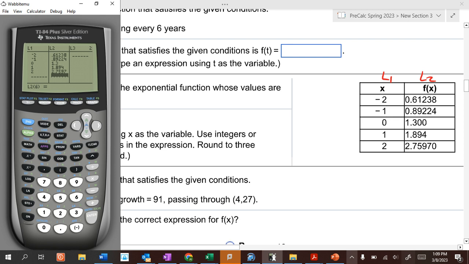Once you get the numbers in, looking the way it is on the table, you push Stat, Calc, find exponential, hit enter, enter, enter, and then I always store the regression equation into y vars under y1. And then push enter a couple more times. It gives you what you need.